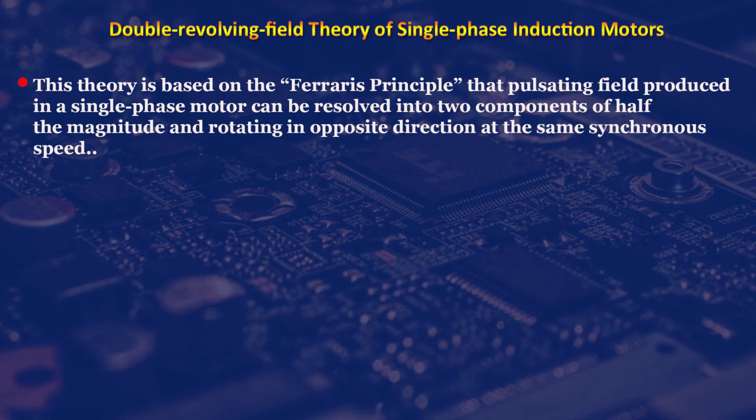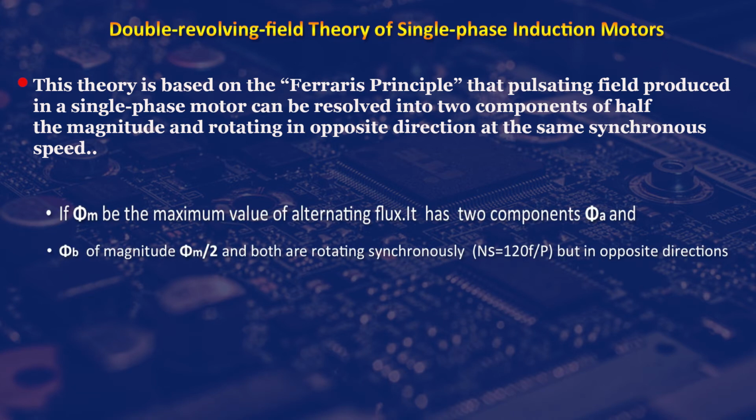This theory is based on Ferrari's principle that the pulsating field produced in a single phase motor can be resolved into two components of half the magnitude, rotating in opposite directions at the same synchronous speed. According to this theory, an alternating flux can be represented by two revolving fluxes rotating synchronously in opposite directions.